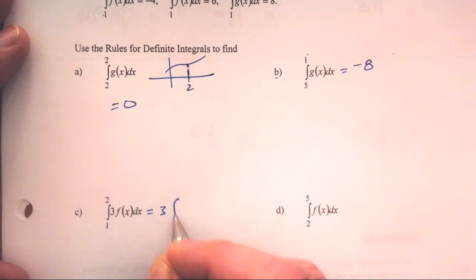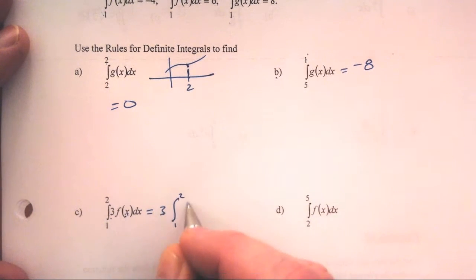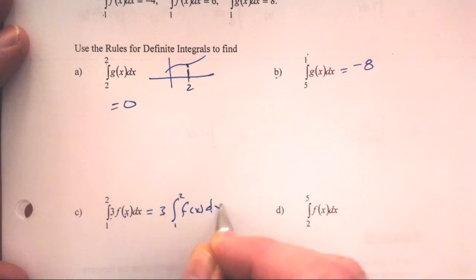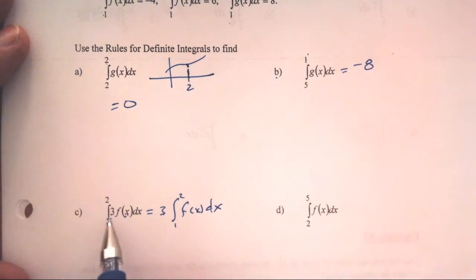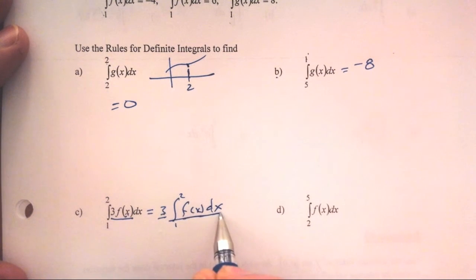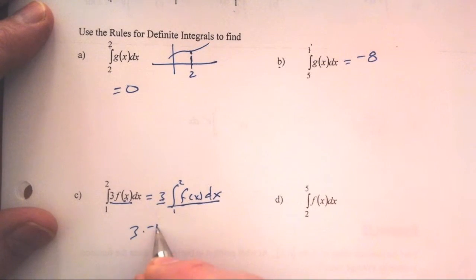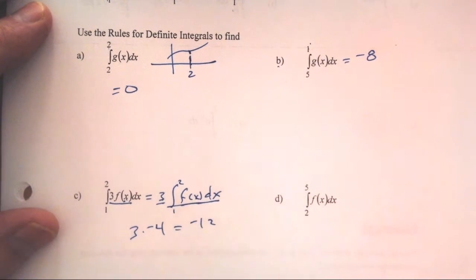Well, 3 times as tall would produce 3 times the area. I'm going to say it again. 3 times as tall would produce 3 times the area. So the integral of f from 1 to 2 is given as -4. So this is just 3 times -4, or -12.